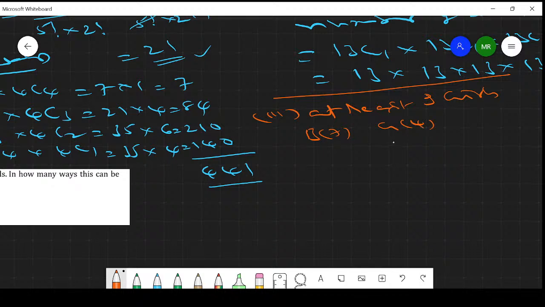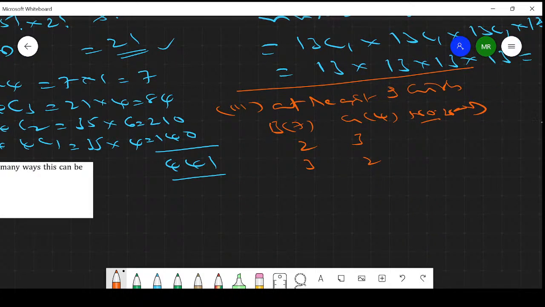At least 3 means 3 girls and 2 boys, and I can consider 3 boys and 2 girls. The number of ways will be 7C2 into 4C3. This is the number of ways. 7C2 into 4C3. This is 7C3 into 4C2. It comes like this. Correct.